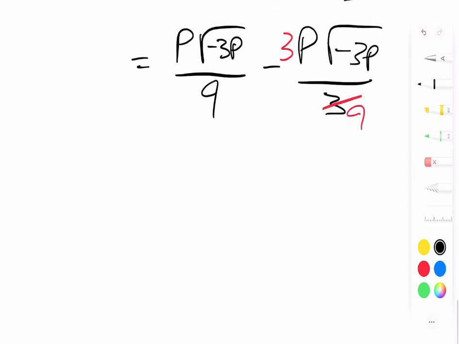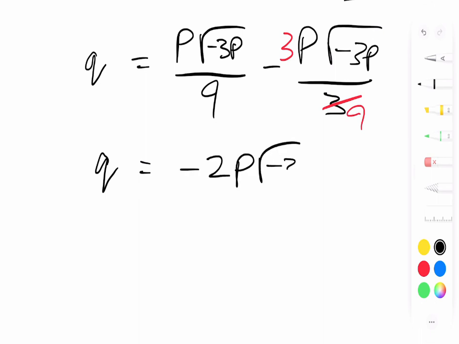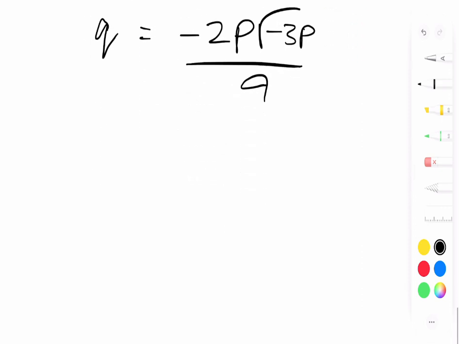And that will then allow me, not p, what am I talking about? Q. That will allow me to say that q is equal to minus 2p times the square root of minus 3p all over 9. Multiply both sides by 9, I get 9q is equal to minus 2p times the square root of minus 3p.